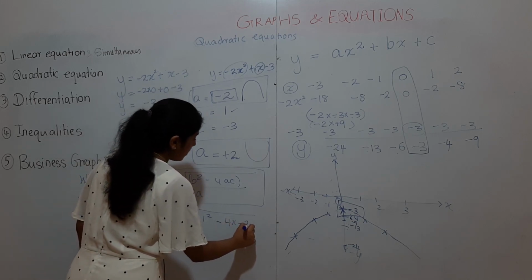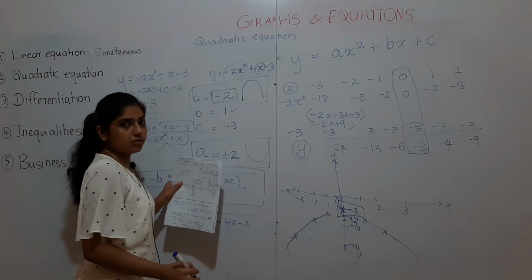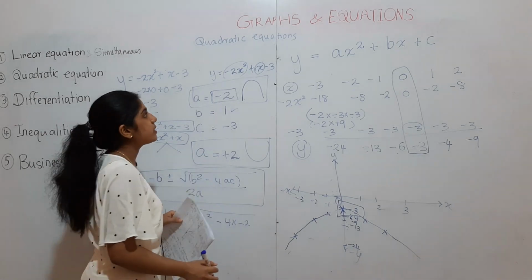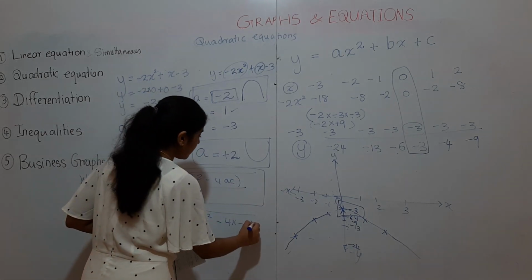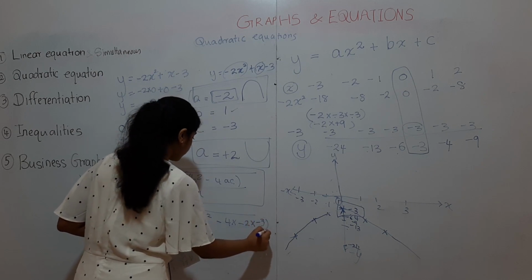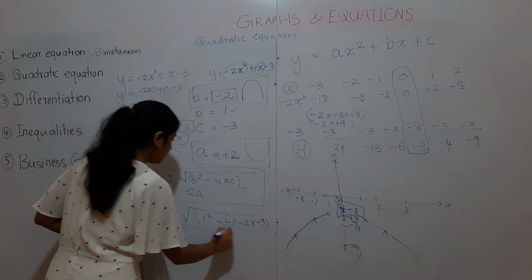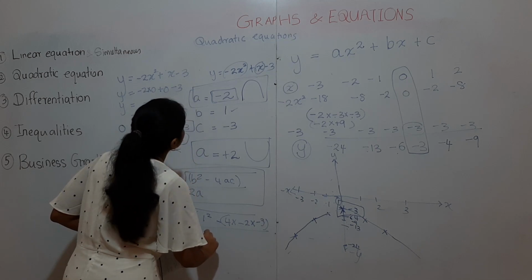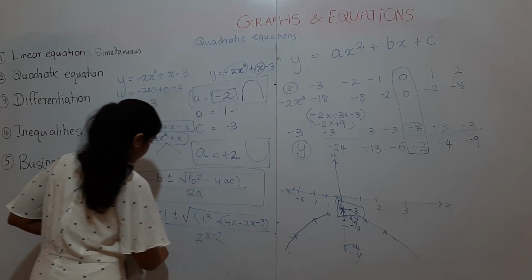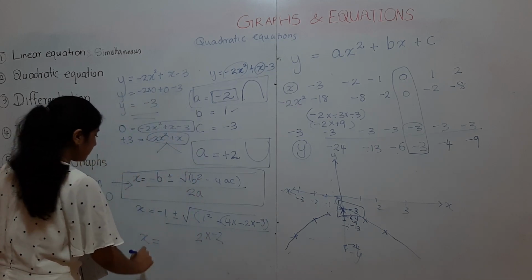Minus 2. Don't put plus 2, put minus 2, and multiply by minus 3, divided by 2 multiplied by minus 2. Then what is the value of x?